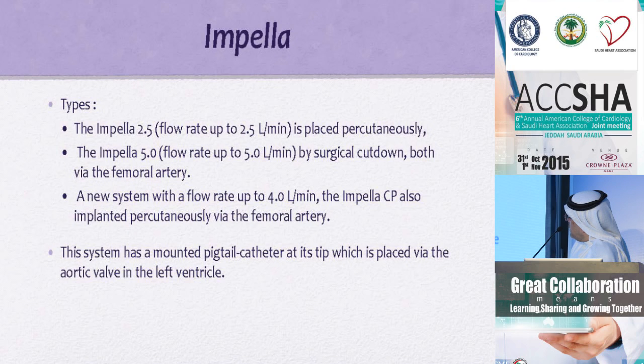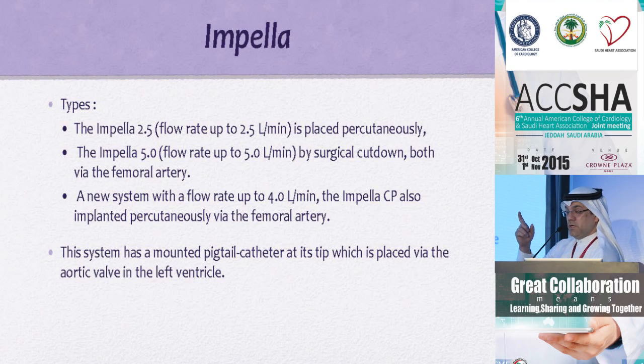The one that we use currently is the CB. We're not using the 2.5 anymore, so we use the 3.5 to 4. It's a 14 French catheter, and the system has a mounted pigtail catheter. It's tipped, which is placed via the aortic valve and the left ventricle.